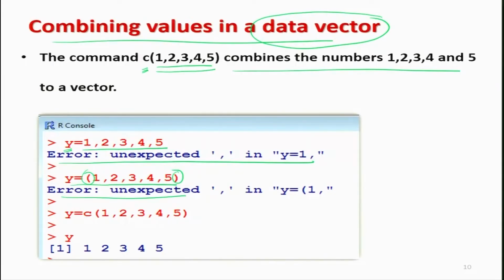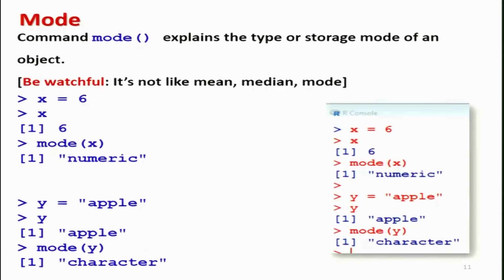And in case you write y is equal to a small c, meaning lowercase c, and within parenthesis 1, 2, 3, 4, 5, then you can see y here is like this. So, remember one very important thing for R programming: whenever you want to give more than one value in the R software, use the command lowercase c and define the data vector using this command c. This is very important.